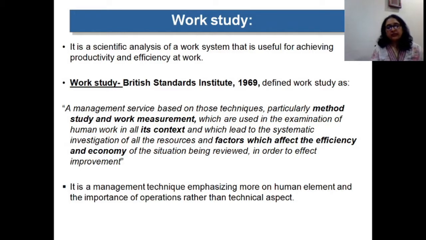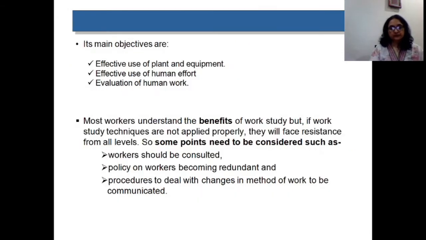Now there are different techniques to improve productivity, but they are all capital intensive. On the other hand, work study is a management technique and it focuses more on the human element and the importance of operations rather than the technical aspect. So its main objectives are first, effective use of plant and equipment, right?